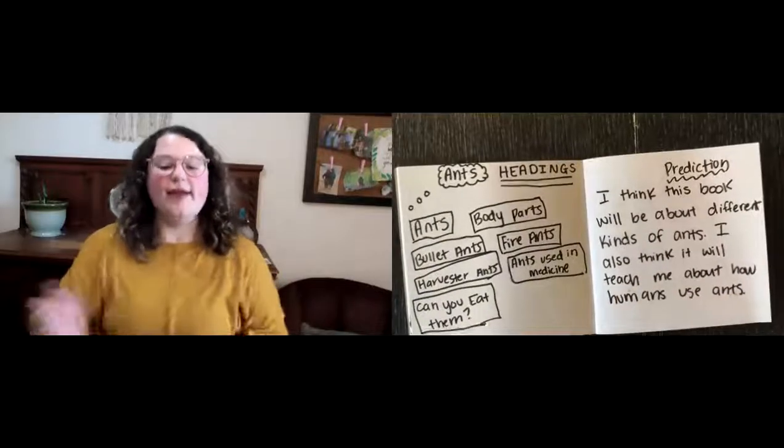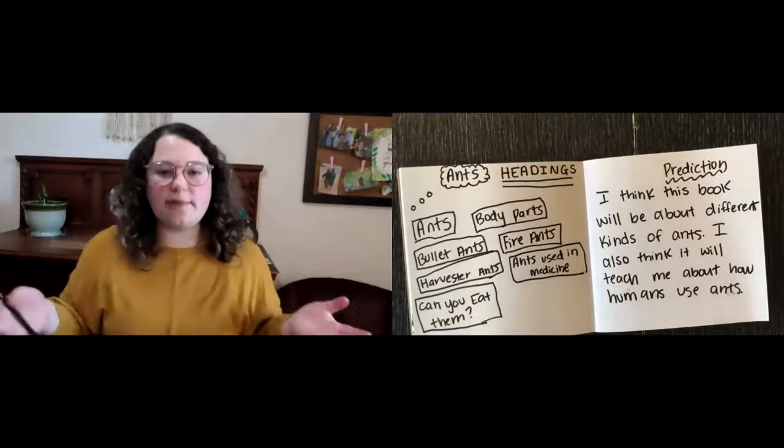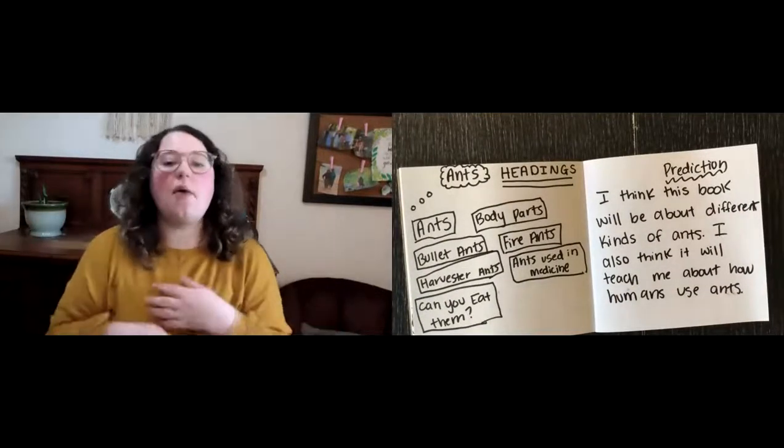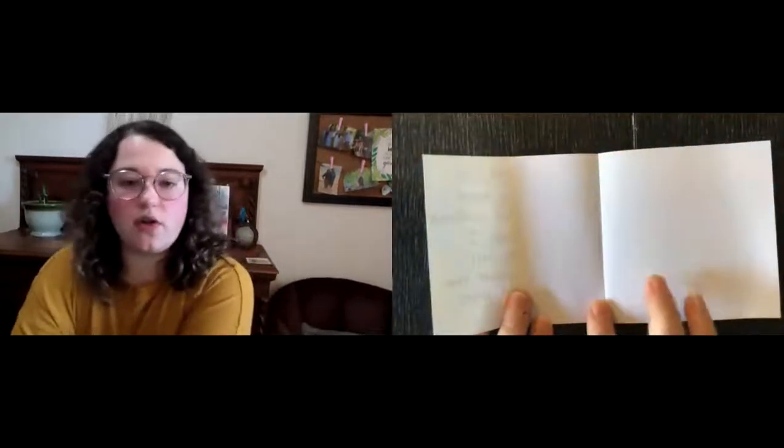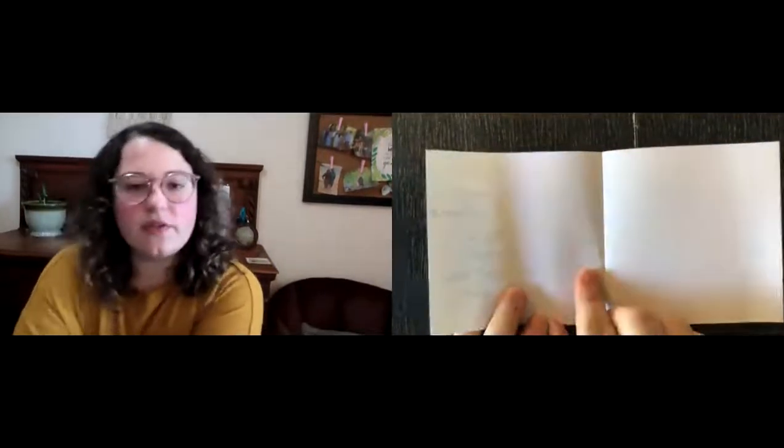All right, readers. Great job today. Today, your job is super similar to what we just did here. I want you to flip to a new page in your reader's journal and make the title the name of one of the books in your Oregon Flora and Fauna collection that's been assigned to you on Epic.